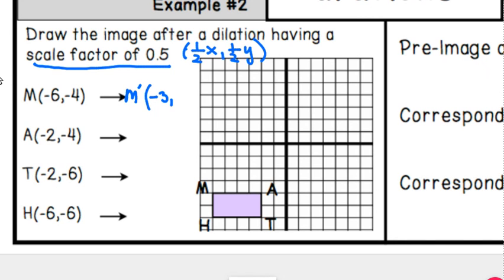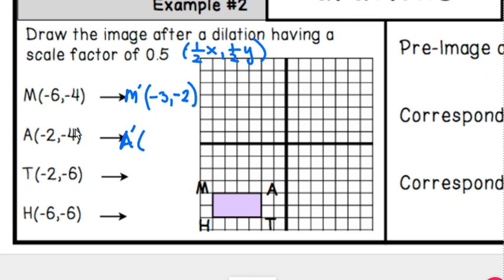I'm basically saying -6 times 1/2. It's -6 over 2, which becomes -3. 6 cut in half is 3, right? Or if you have to, grab a calculator and multiply by 0.5.